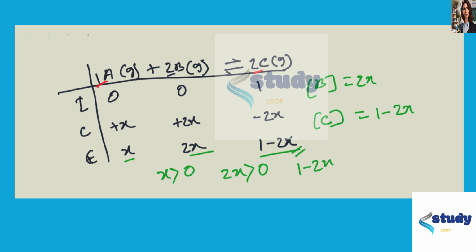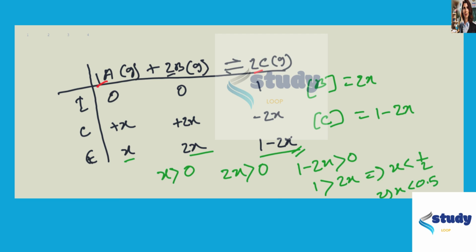So 1 is greater than 2X, and from here we can write X is less than 1 over 2, that means X is less than 0.5.